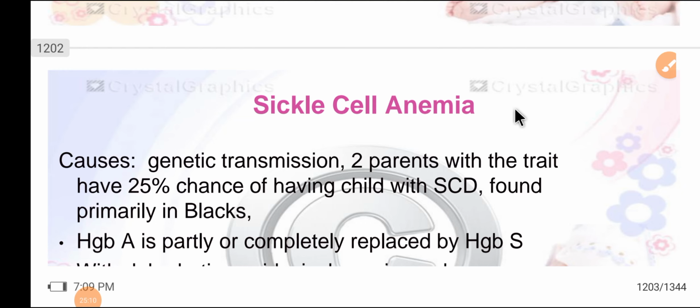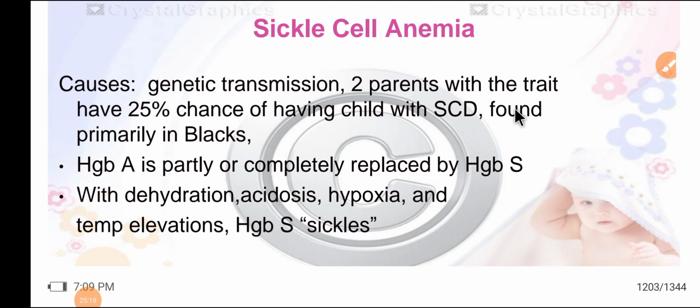Sickle cell anemia, genetic transmission: two parents with the trait have a 25% chance of having a child with sickle cell disease, found primarily in blacks. HbA is partially or completely replaced by HbS, with dehydration, acidosis, hypoxia, and temperature elevations.